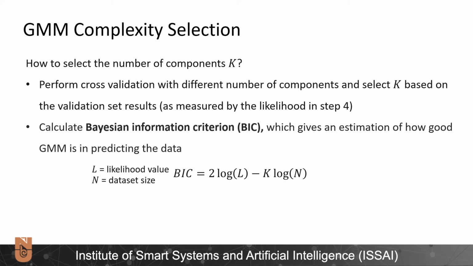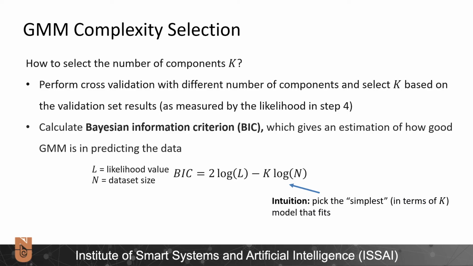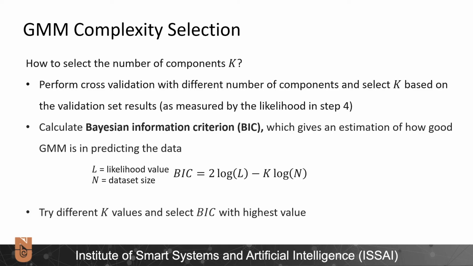In this formula, L is the likelihood value and N is the dataset size. The right side term can be understood as adding a penalty for the number of parameters to the log likelihood. So the intuition is to pick the simplest model that will fit the data. The approach is to try different k values and select the one having the highest Bayesian information criterion value.